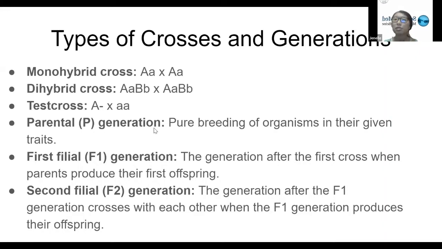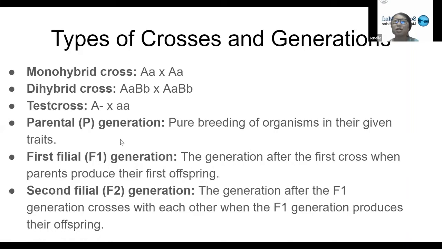And then from the parental generation, we get to the first filial generation, or the F1 generation, which is the generation after the first cross, when parents produce their first offspring. So this F1 generation is a result of the parental generation. And then we also have a second filial generation, F2, which is the generation after the F1 generation crosses with each other and produces offspring.